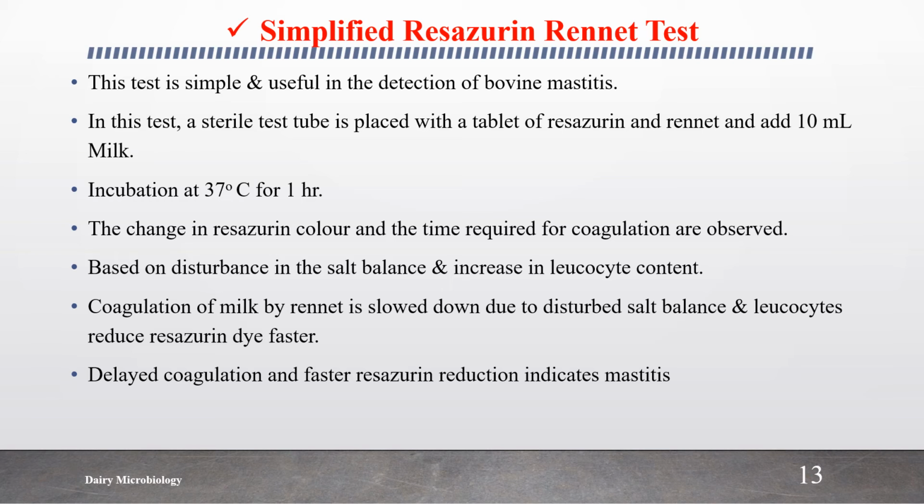Simplified Resazurin Rennet test. This test is simple and it is used for the detection of bovine mastitis. In this test, a sterile test tube is placed with a tablet of Resazurin and rennet, and then add 10 ml of milk in the test tube.